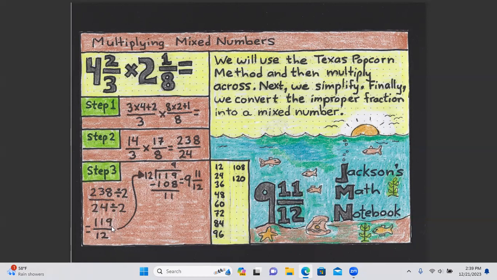And so we're going to have to divide in order to change it back into a mixed number. Here's where some students have trouble because they're afraid of, let's say, dividing a large number by a double-digit number. It's kind of scary, but here's a nice hack.